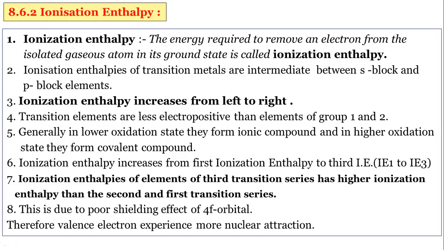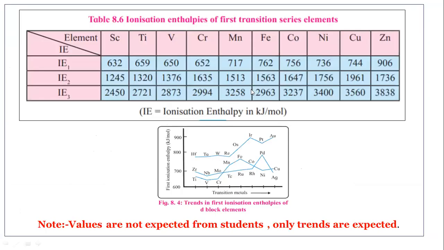When the atomic size is less, ionization energy will be more, and when the atomic size increases, ionization energy decreases. So there is a vice versa relation between atomic size and ionization energy, remember. So ionization enthalpy values increase from left to right because atomic size decreases. This is not expected, only the trends are expected.